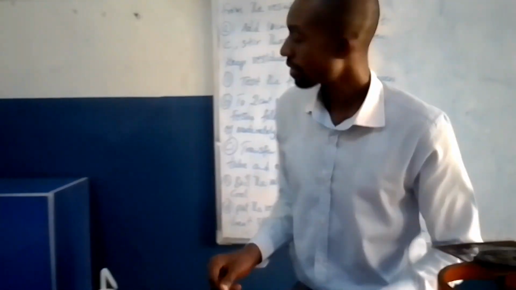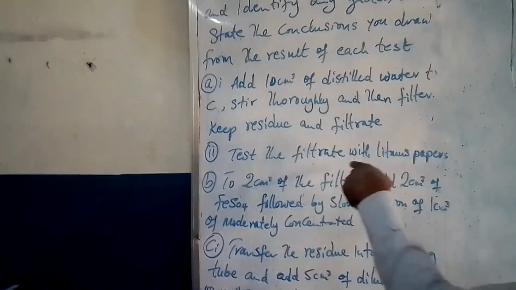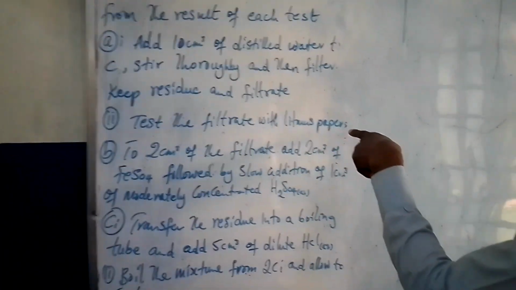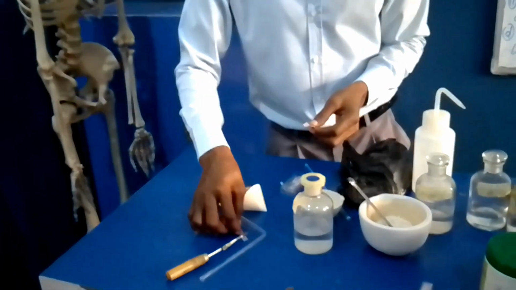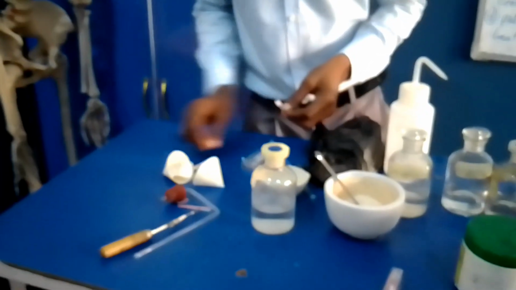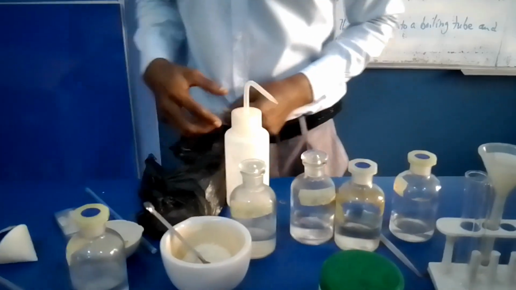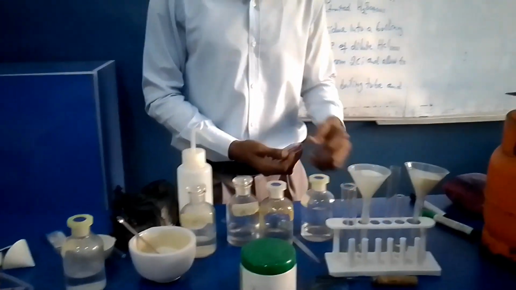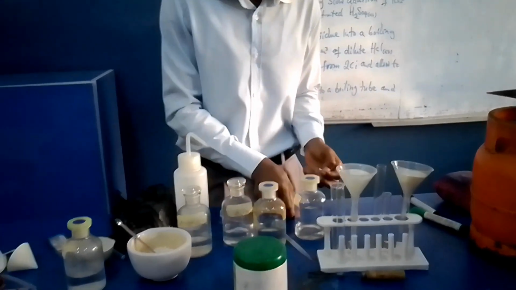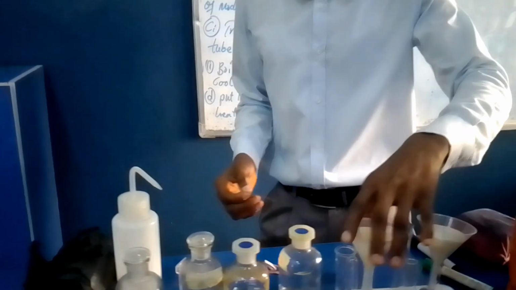The next stage of the experiment said, test the filtrate with litmus paper. This is blue litmus paper. This is red. We're going to test with two litmus papers. You cannot test with just one litmus paper. So we test the filtrate.